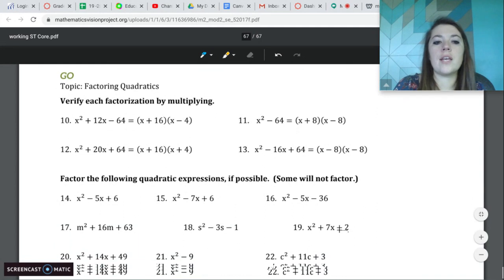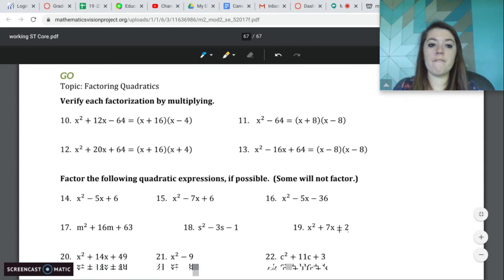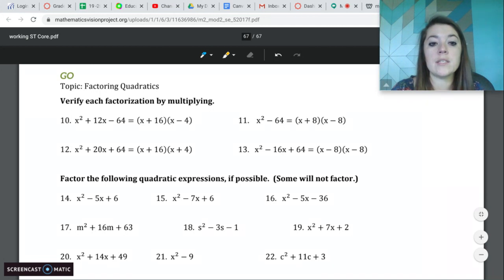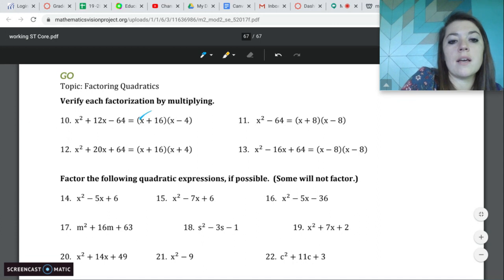All right, so the next part. Verify each factorization by multiplying. So what we want to do is multiply x plus 16 times x minus 4 to see if we get x squared plus 12x minus 64. So x times x is going to give us x squared. x times negative 4 will give us minus 4x. 16 times x will give us plus 16x.